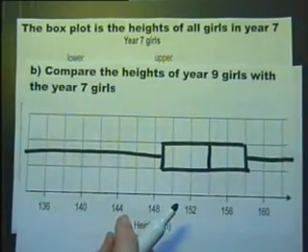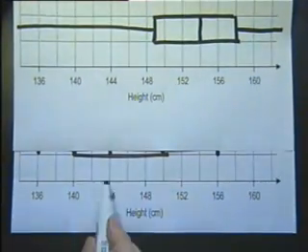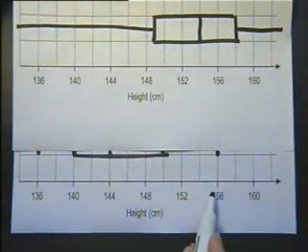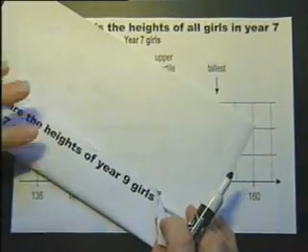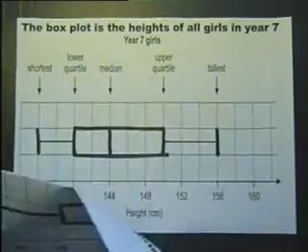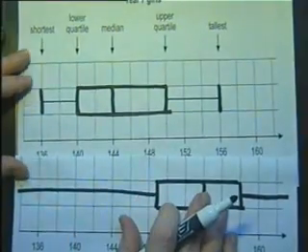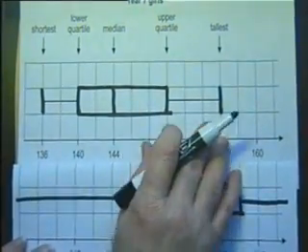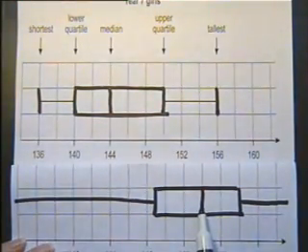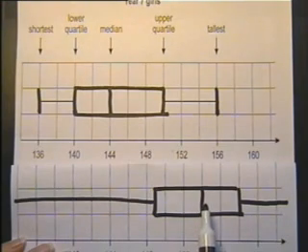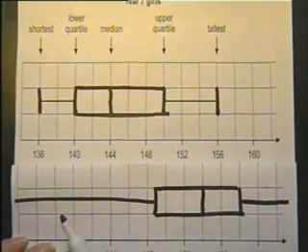When you compare box plots, or box and whisker, they must have the same scale, which these have. So now we can do a comparison between the information. Let's just fold that over so I can get the two a bit closer together. So we can make several comments. The median, or average median, is greater for the girls in year 9, which would be expected.